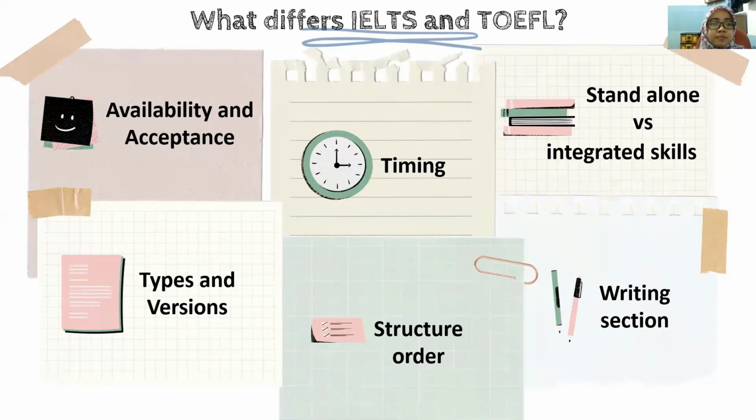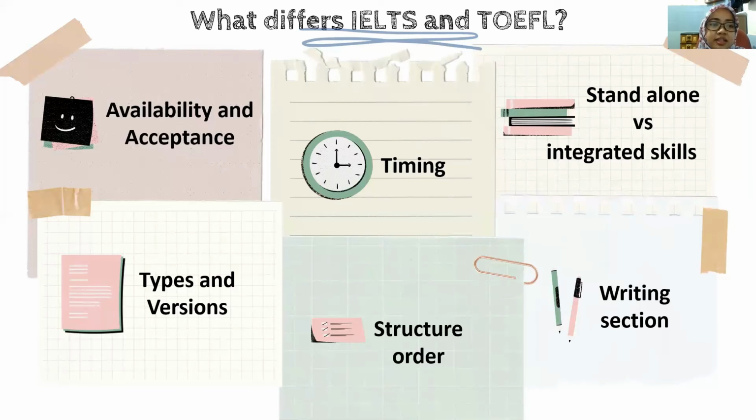For example, the speaking test itself can be taken on the same day or the day after having the listening, reading, and writing. So, meaning that you can take the speaking test on the same day as the listening, reading, and writing, or you can take it on a different day, before or after.